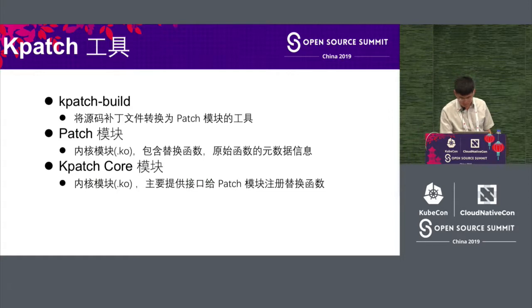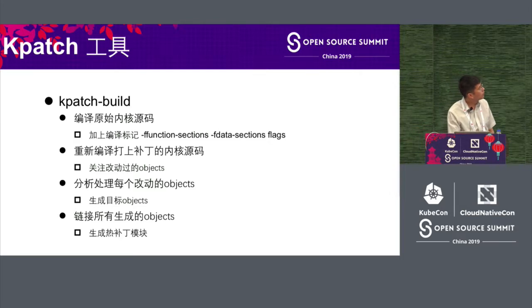We want to replace the old function with a jump to the new function it should be converted to, so it can achieve online replacement.